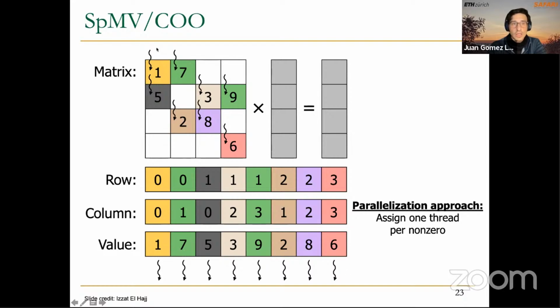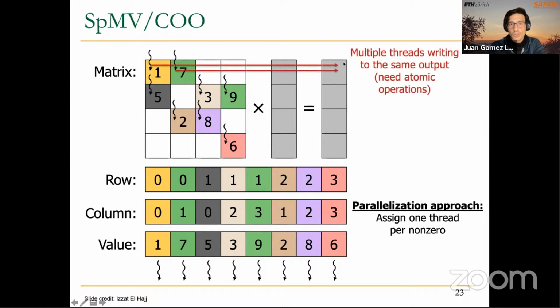So this thread here is going to multiply this one by this first element of the dense vector, and accumulate the result in this element of the output. And this thread here is going to multiply this element 7 by this element here, and also accumulate in the same element of the output.